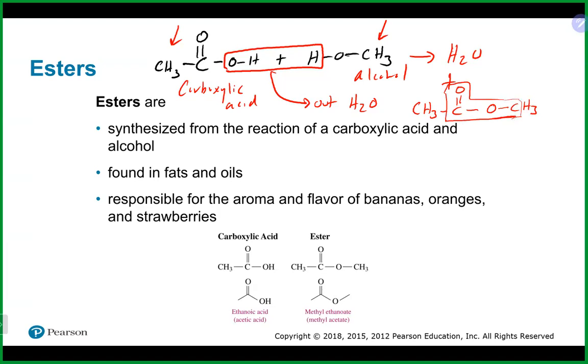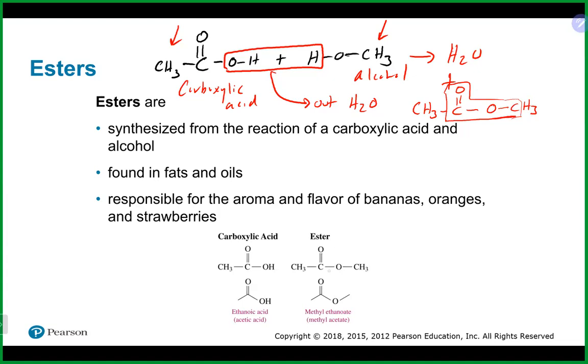So an ester is really a combination of a carboxylic acid and an alcohol. And as we'll see shortly, that is how we go about naming these. It's based on the alcohol and the carboxylic acid that it comes from. It is found in fats and oils. It's responsible for a lot of aromas like bananas, oranges, strawberries, and oil of wintergreen.